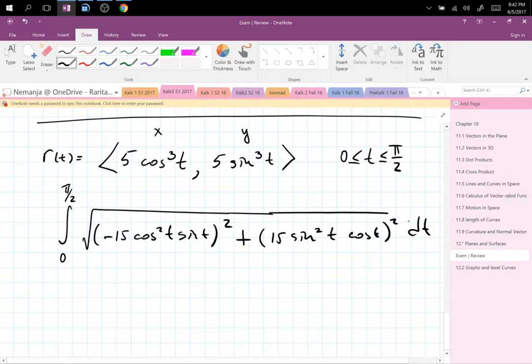So now we square everything inside. We use the basic chain rule from Calculus 1, and we have the basic derivatives there. Now, we square everything.